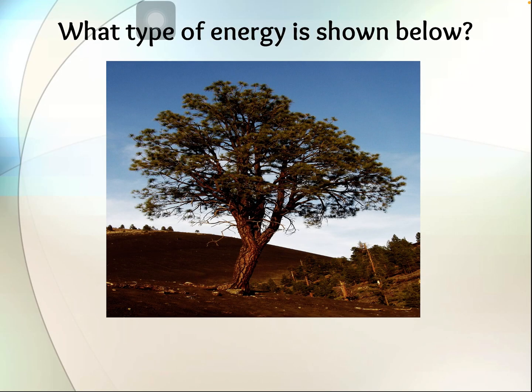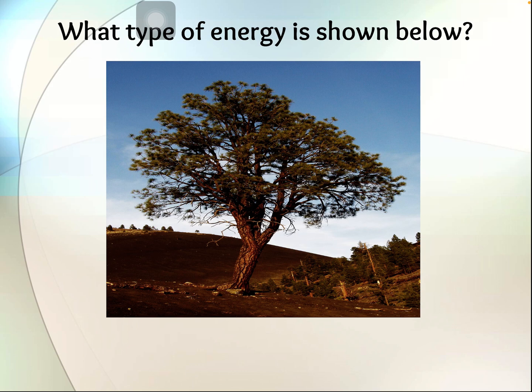How about a tree? That doesn't look like a heck of a lot of energy just sitting there. But what do trees have? Trees have leaves. Those leaves are basically little solar panels, right? So the sun comes down and strikes them, and you may have heard of this process called photosynthesis.